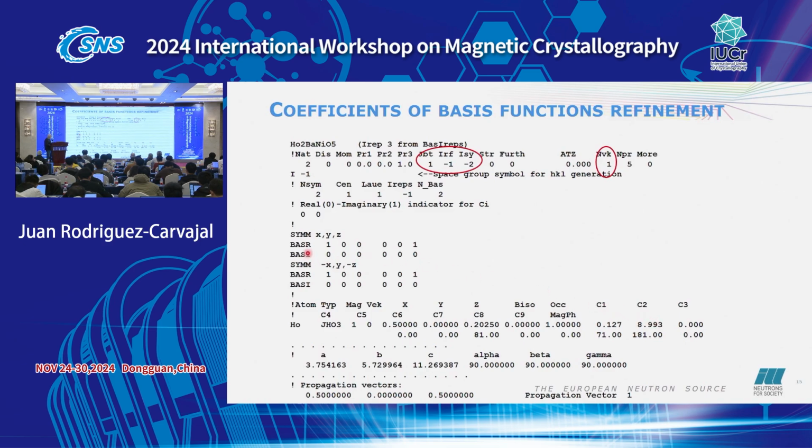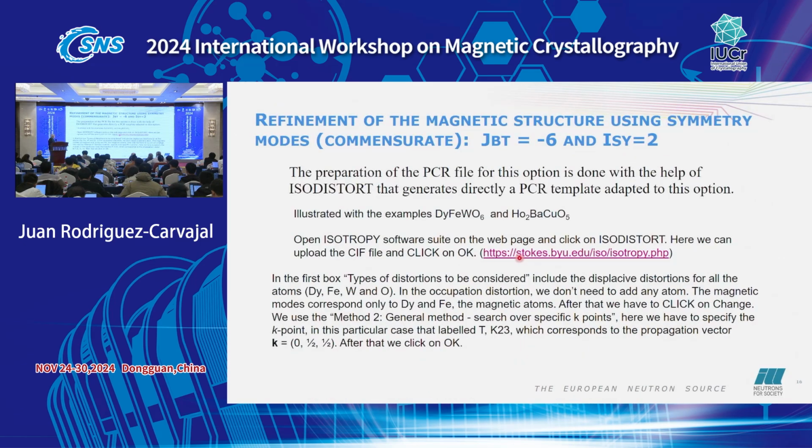C1 makes reference to the first base vector, C2 to the second base vector. Symmetry modes. This is very interesting, and you have two examples, I think, in the list of tutorials. Dysprosium iron tungsten oxygen, and holmium barium copper oxide.